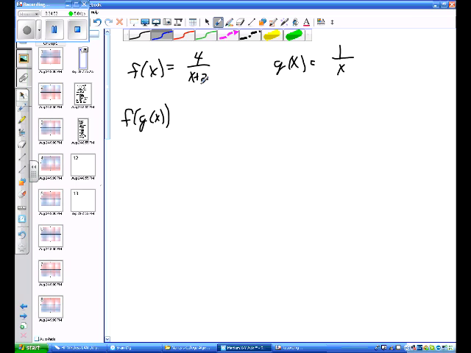Now what we said earlier on the domain was that first of all, you had to deal with the domain of x as a function of g. So if we look at this, we know that x cannot be 0. So we're going to limit that from our domain. Now we're going to take this value and plug it into our other equation.